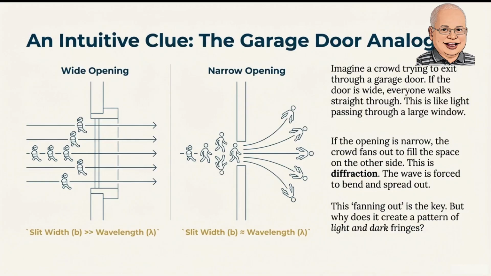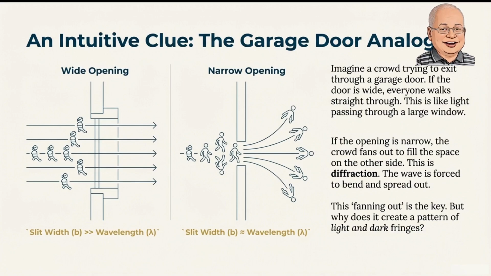But if it is narrow, then the crowd or the students will fan out to fill the space on the other side of the door, that is the slit. This is equivalent to diffraction in light. The wave is forced to bend and spread out. This fanning out is the key.